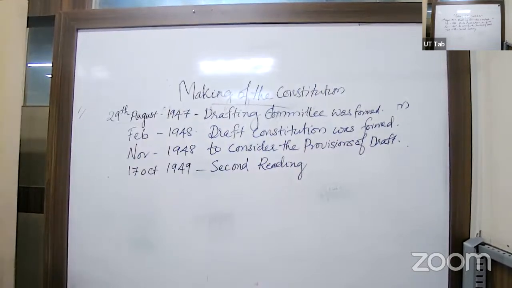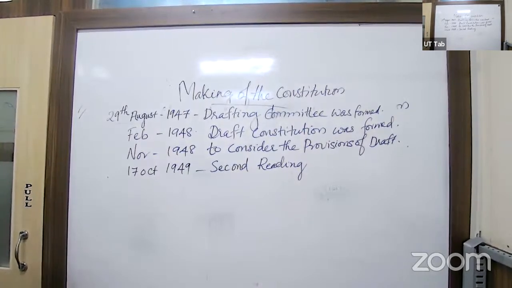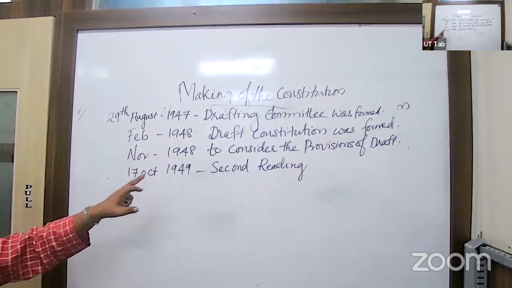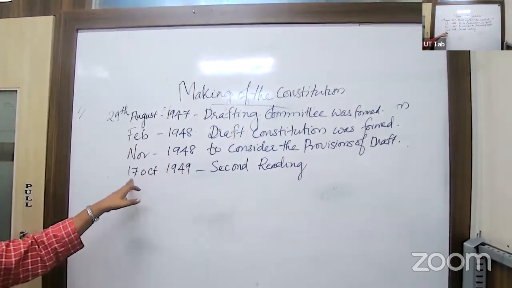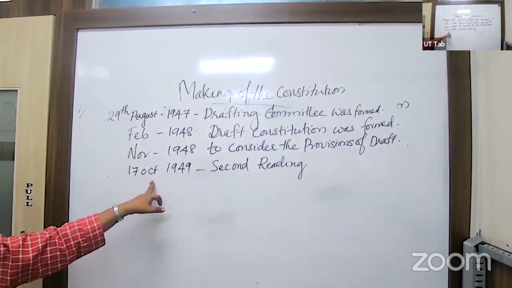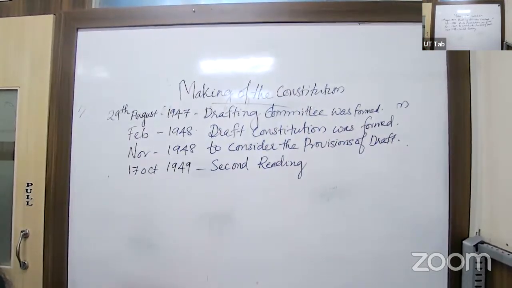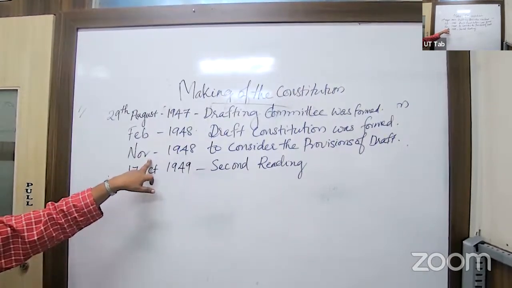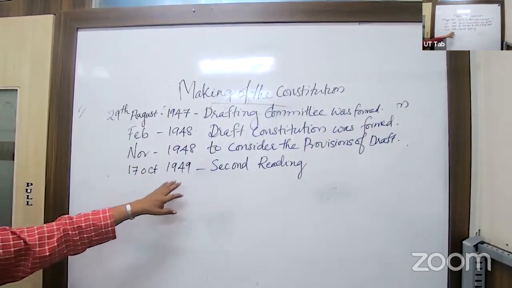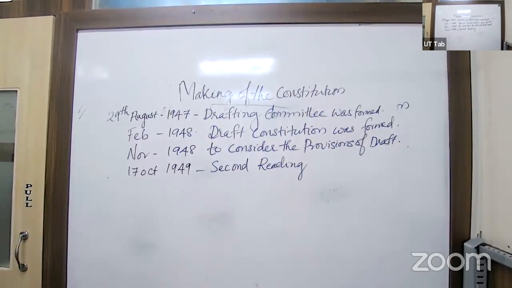See, if any bill has to be passed, it has to go through first reading, second reading, and third reading. Third reading is voting. Yes, ma'am. So the first reading is what the draft was given. And second reading was on 17th October 1949. Got it? Clear? Okay.